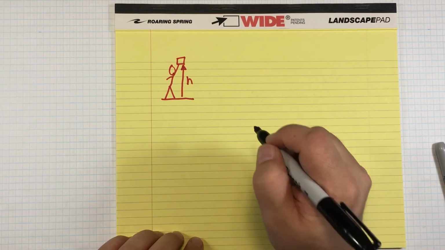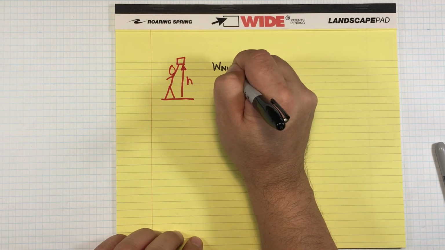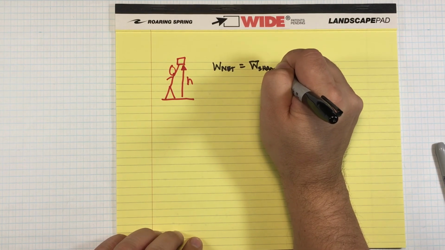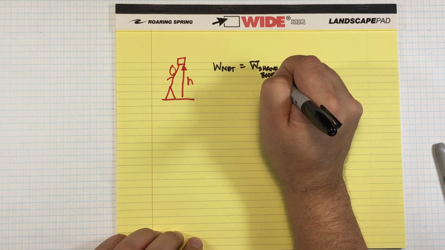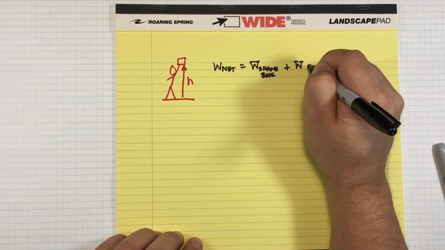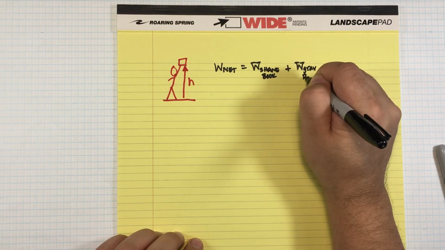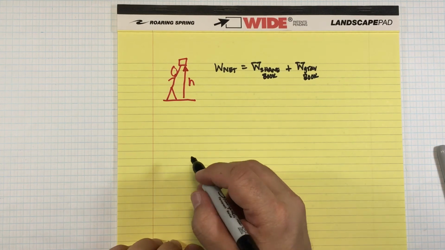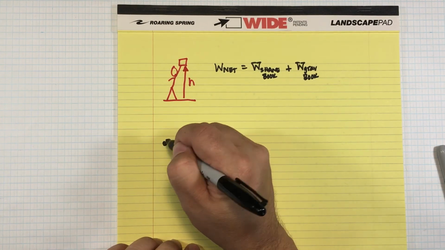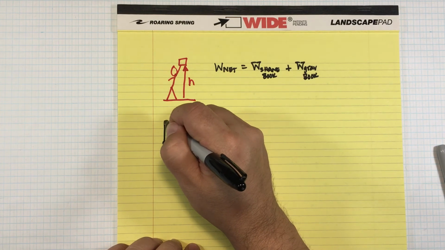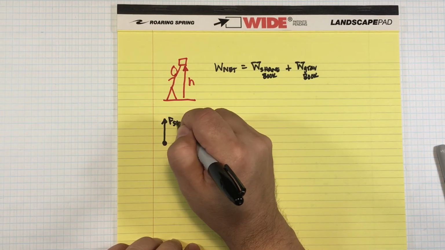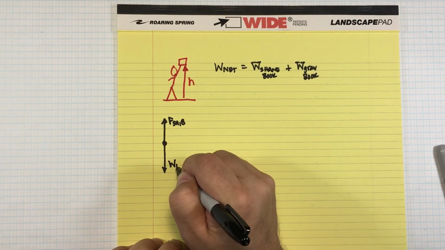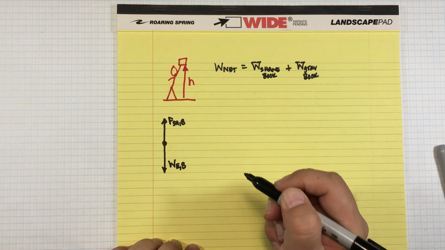What is the net work done on that book? Well, in that case, the net work is the work done by me to lift the book plus the work done by gravity as the book is being lifted. So let's look at that case in detail. There are two forces acting on the book. If I draw the free body diagram, there's the force of me lifting the book, and while I am lifting it, there's the weight of the earth pulling down on the book.